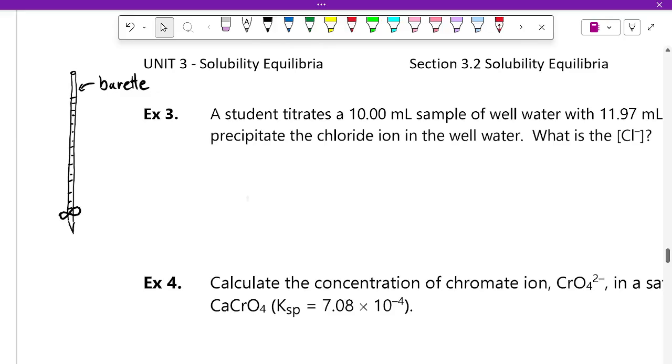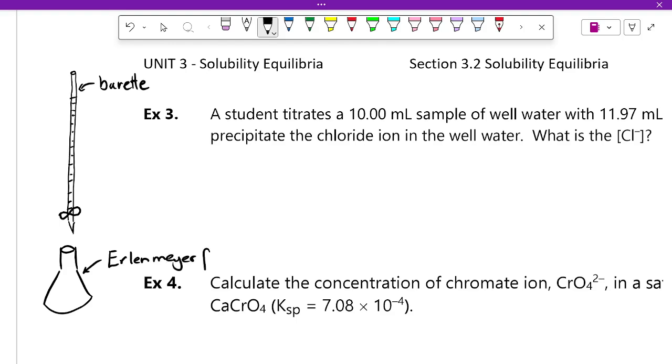And down below the burette, we put one of these flasks. What's that called? That's an Erlenmeyer flask. Okay. And we're titrating 100 milliliters of well water.